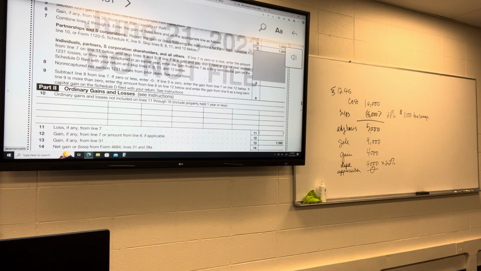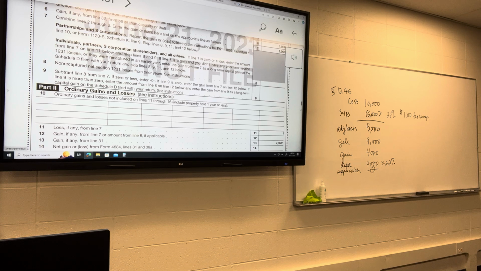Actually, I think this should be subtract line 8, what is 8? Non-recaptured, no, subtract line 8 from 7. 0, if 9 is 0, enter the gain from line 7. If more than 0, enter the amount from line 8. On line 12 below and enter the gain from line 9 as long-term capital gain on the Schedule D filed with your return.